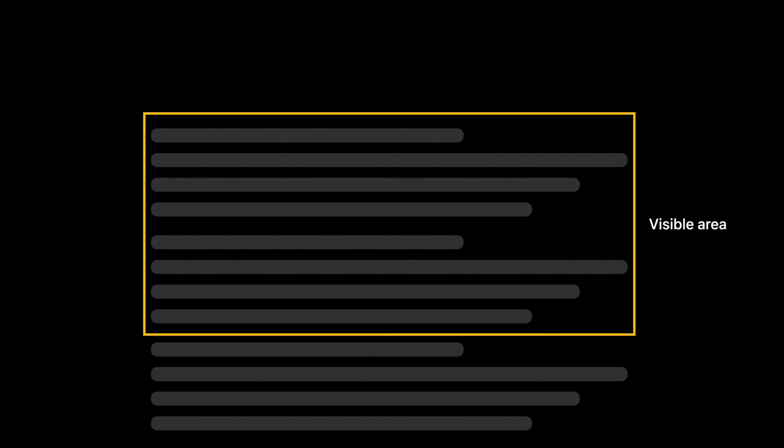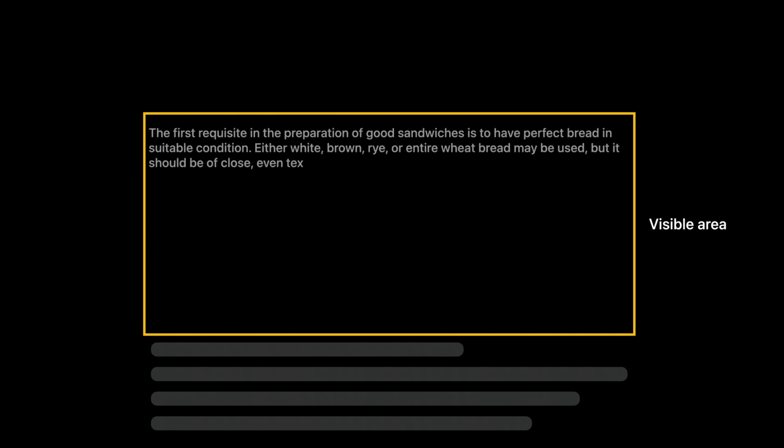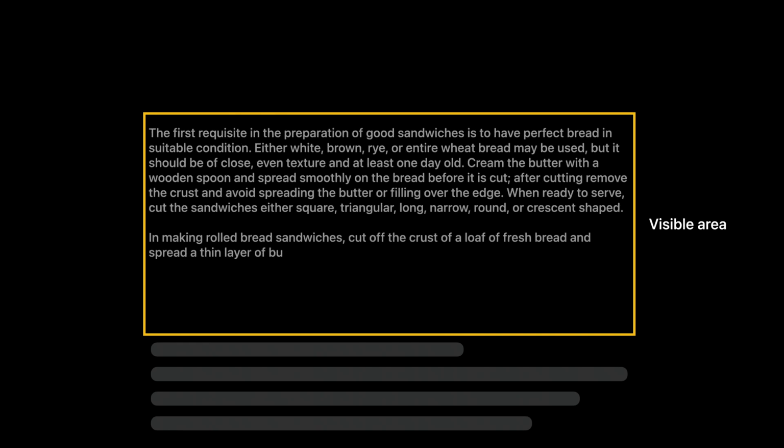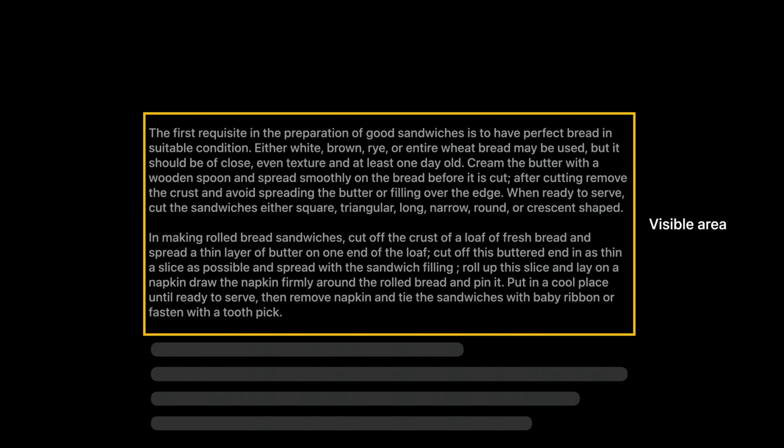Let's review the difference between contiguous and non-contiguous layout. This diagram shows a document where the yellow rectangle represents the visible content area on the screen. Contiguous layout starts at the very beginning of the document and goes in order, from the beginning to the end of the text.